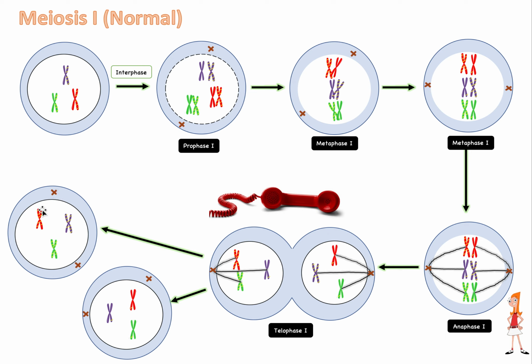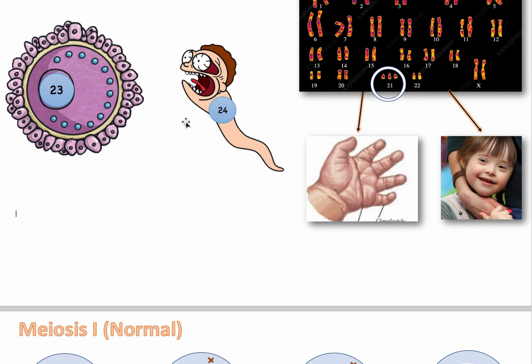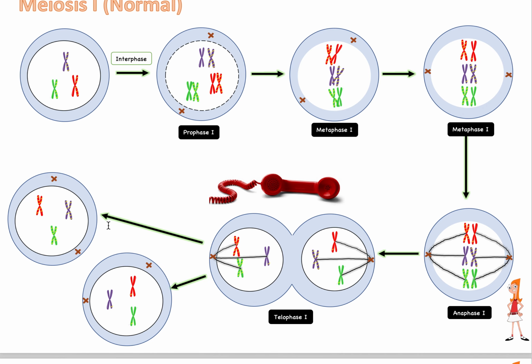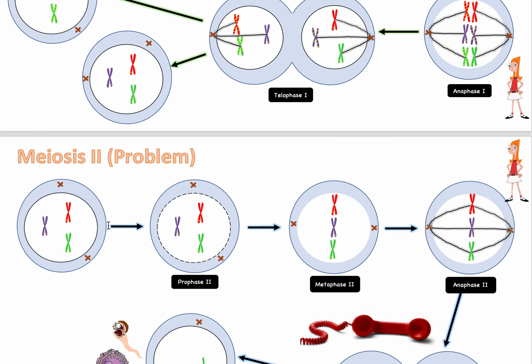So you manage to make a new set of a cell with unique DNA. So you have two cells now with unique DNA, but these cells still have normal amounts of chromosomes. And we know that's not good, because the purpose of meiosis is to produce sperm or egg cells which have half the amount of DNA, and right now, they still have the normal amount. Okay? So we continue.